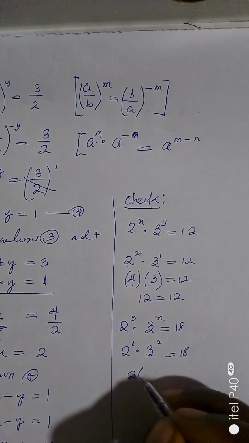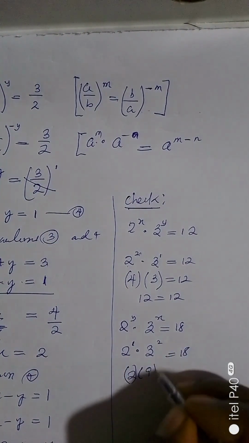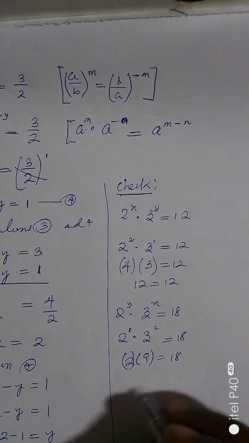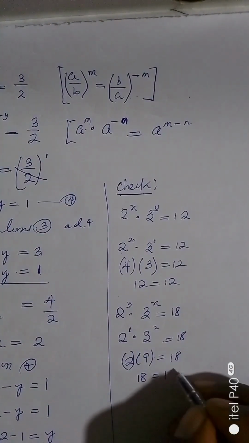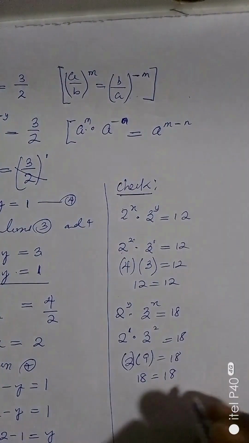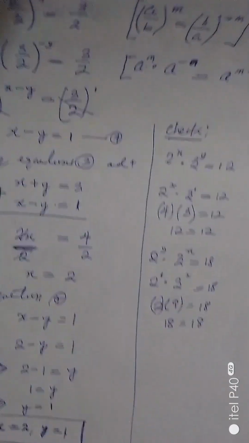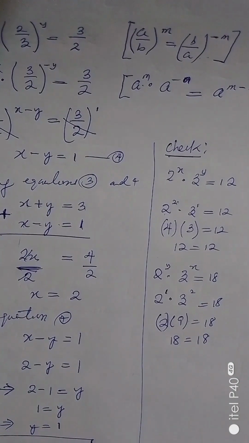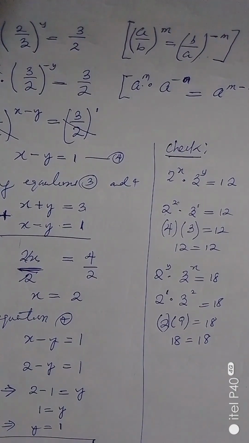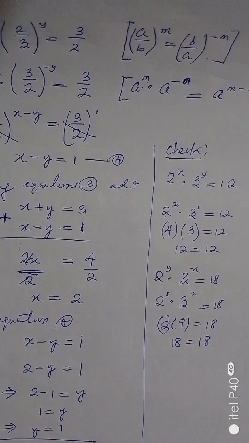So we have 2 multiplied by 9, 18, and so that means 18 equal to 18. So the values of x and y satisfy both equations, and this is where we have come to the end of the solution.